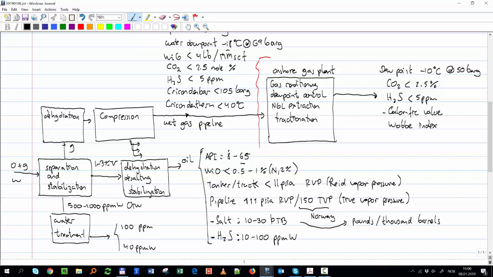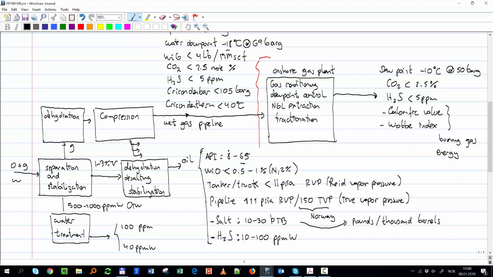But the temperature will increase and then it will cause damage to my generation plant. So that's why I have to be sure, and these two are related to that. Let's call it here burning gas energy. It should be above a number, but it should be below a number such that I don't have safety issues. And we will see now that it's controlled with all of these heavy components.